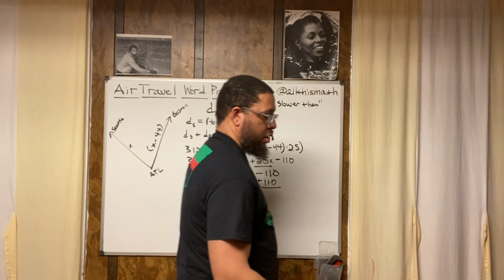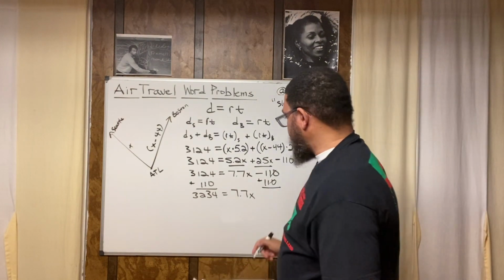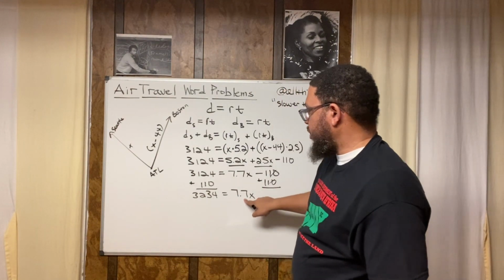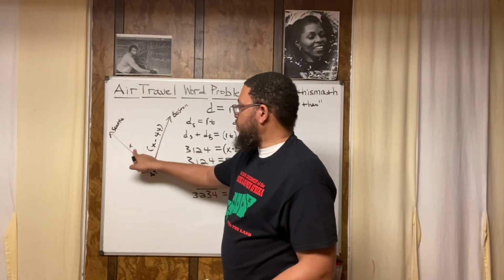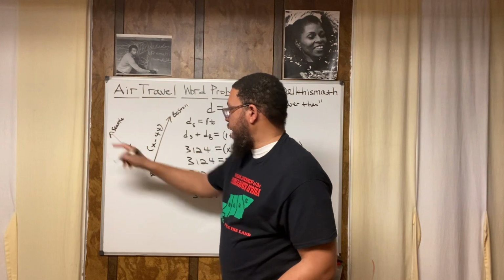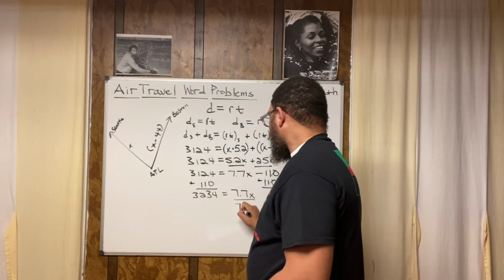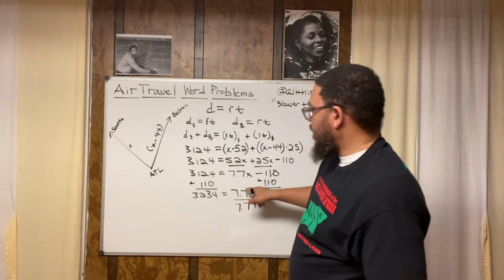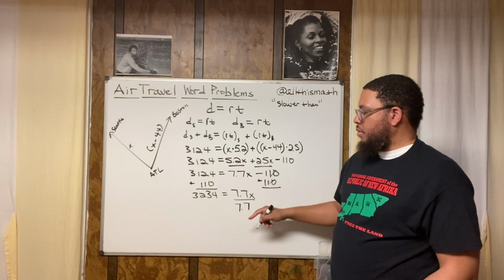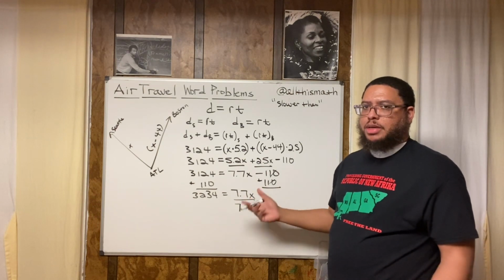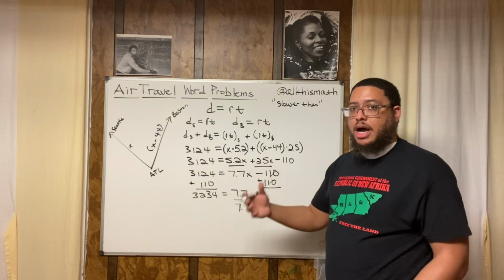Now we're getting close. We've got one step left before we solve for x. We're going to get rid of this 7.7 to isolate x by itself, and then we're going to have our answer. We're going to know the speed of the plane to Seattle, and then we can figure out the speed of the plane to Boston. So we divide by 7.7, because that's the opposite of multiplication. 7.7x means 7.7 times x.